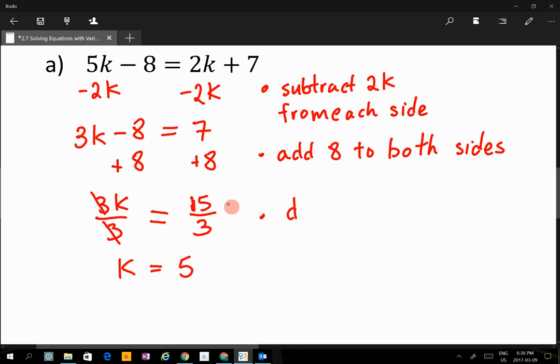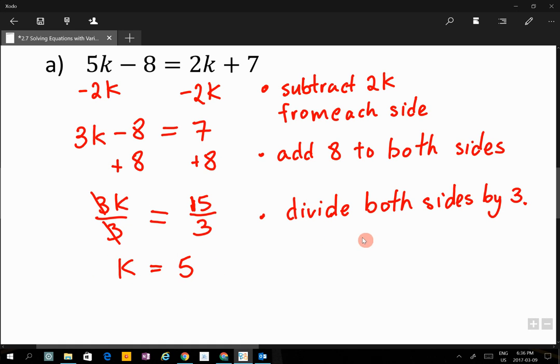And over here, I'm dividing both sides by 3. Okay, so as you can see, I'm following reverse operations in order to solve this equation.